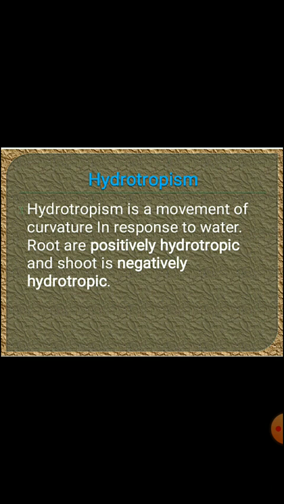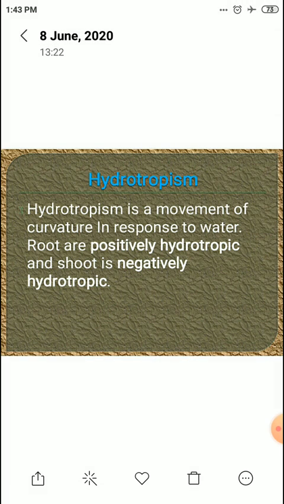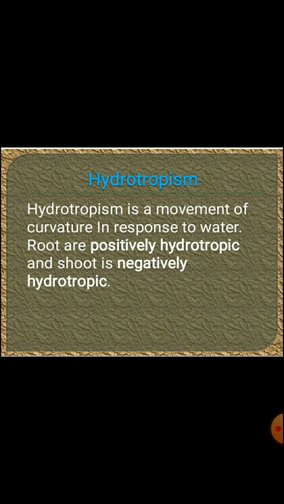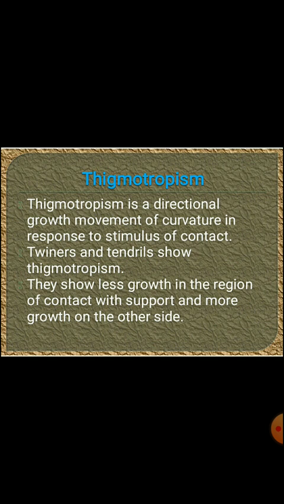This can be demonstrated by placing a few germinating seeds. If we place some germinating seeds in moist sawdust in a sieve, then we see that the radicle first grows down towards gravity, but then it turns upward to obtain water from the sawdust. Hydrotropic response is stronger than geotropic response. Next topic is thigmotropism.